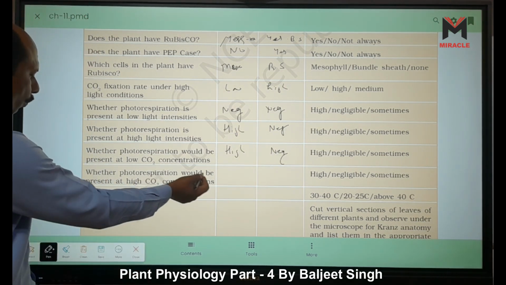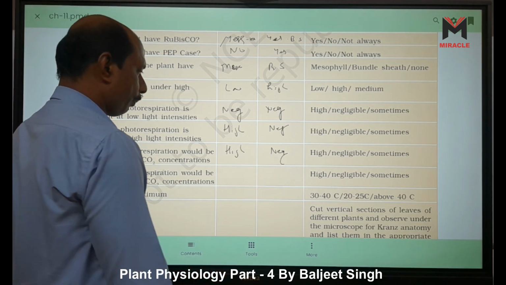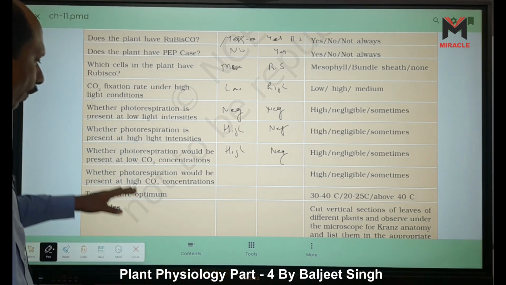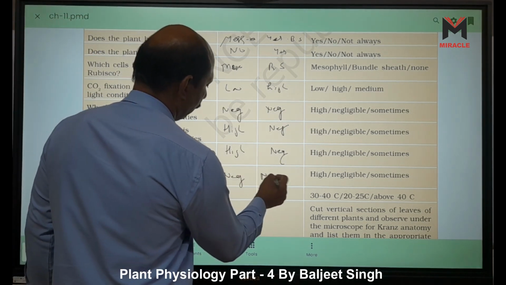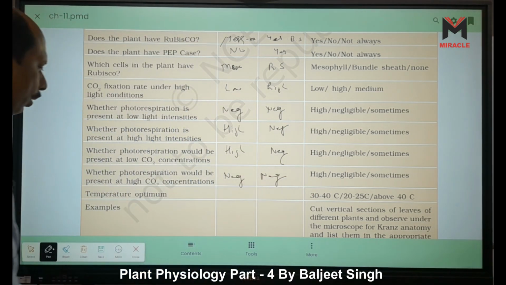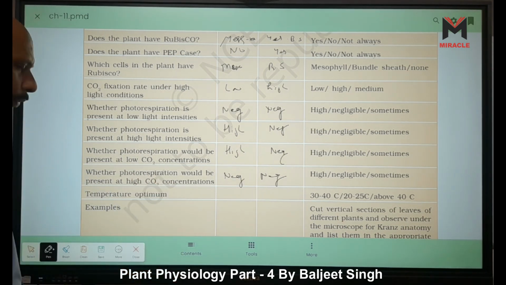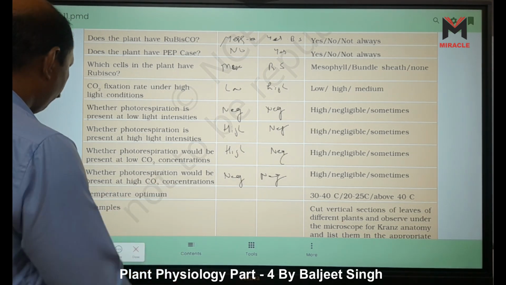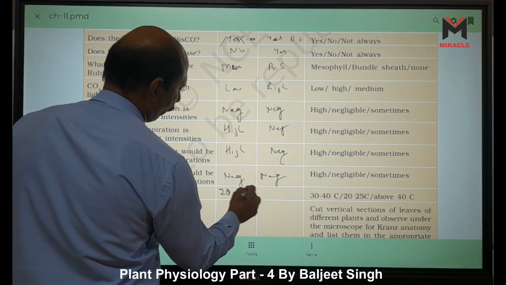Whether photorespiration would be present at high CO2 concentration? Would it be high? No, negligible. And here also it is negligible, right? Because high concentration means Rubisco binds with only which one? Carbon dioxide.